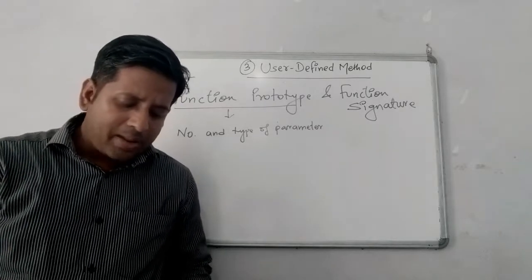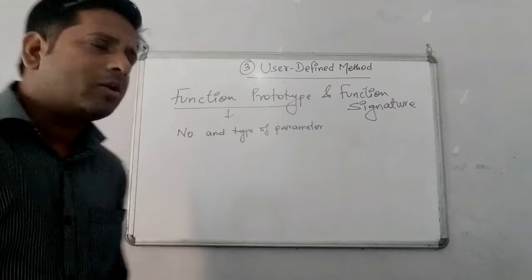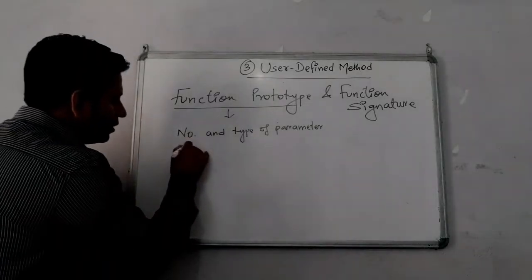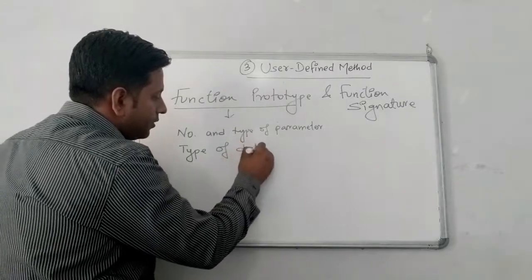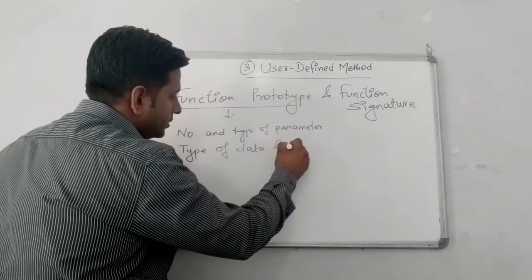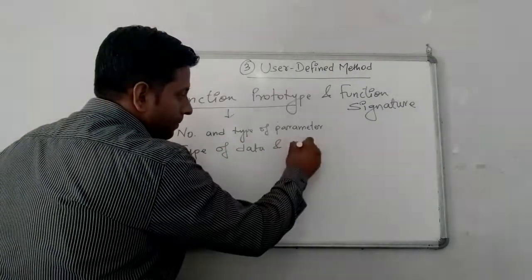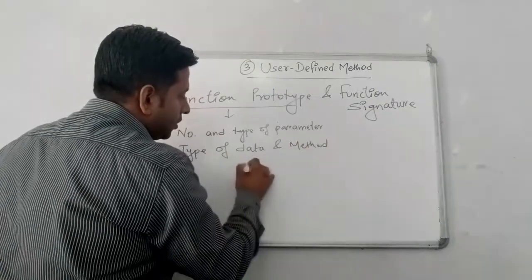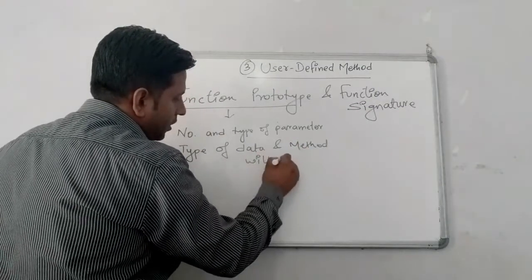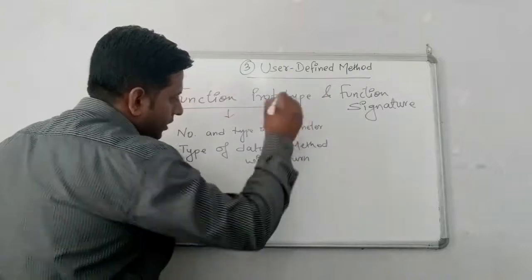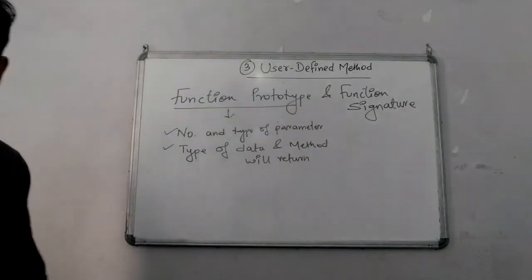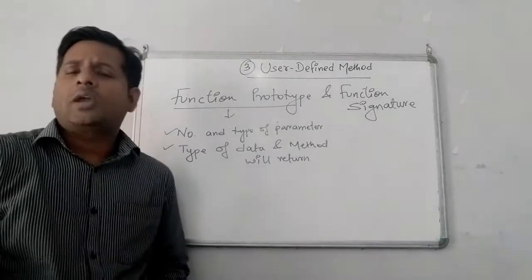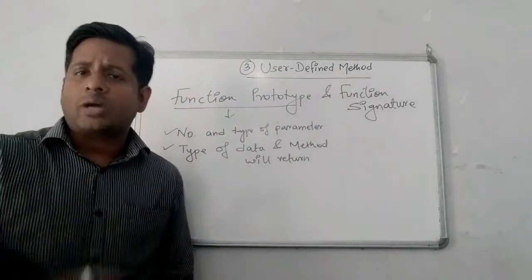Secondly, the type of data the method will return. So these two pieces of information, from where do we get them? From the function prototype.